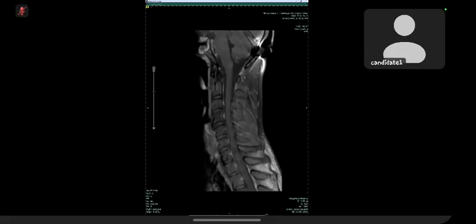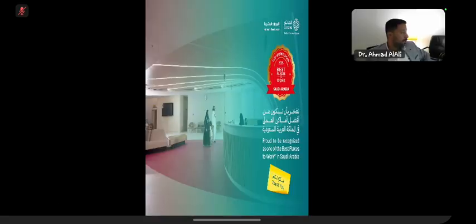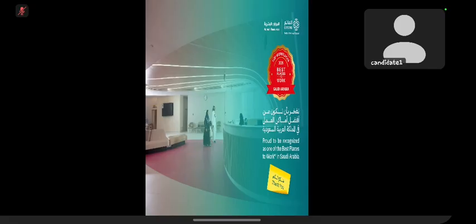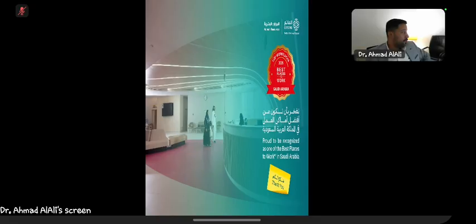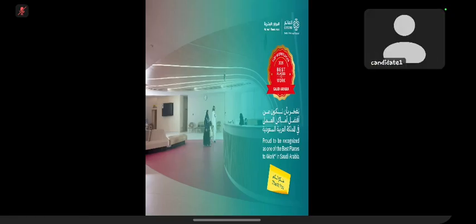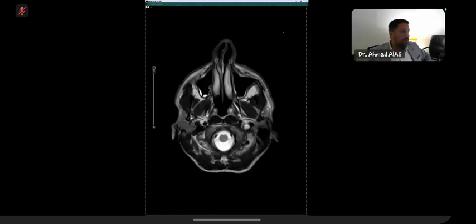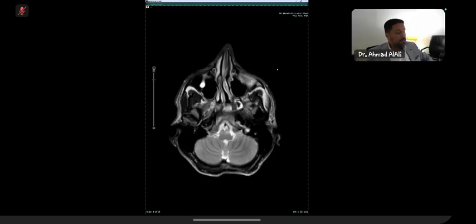I want to check the MRI brain images and the MRI whole spine to look at the complete extent of the cord. Okay, which sequence would you like to start with? MRI brain T2 weighted images, axial sections. These are the T2 weighted images, axial, as you requested. Over to you.